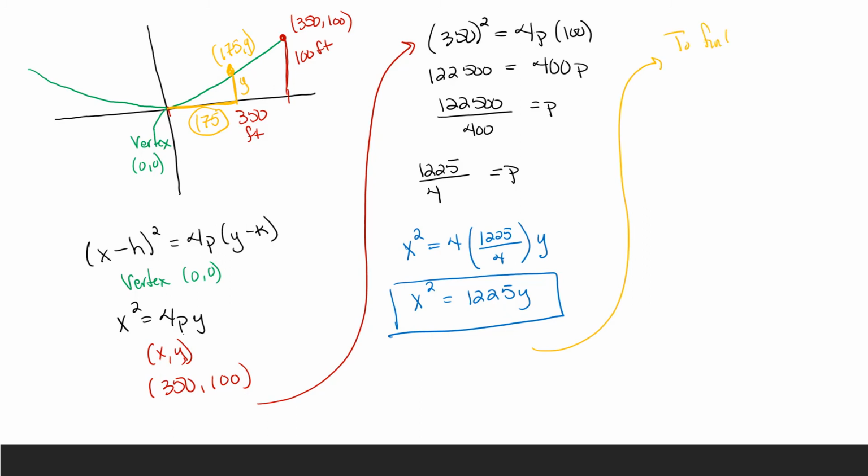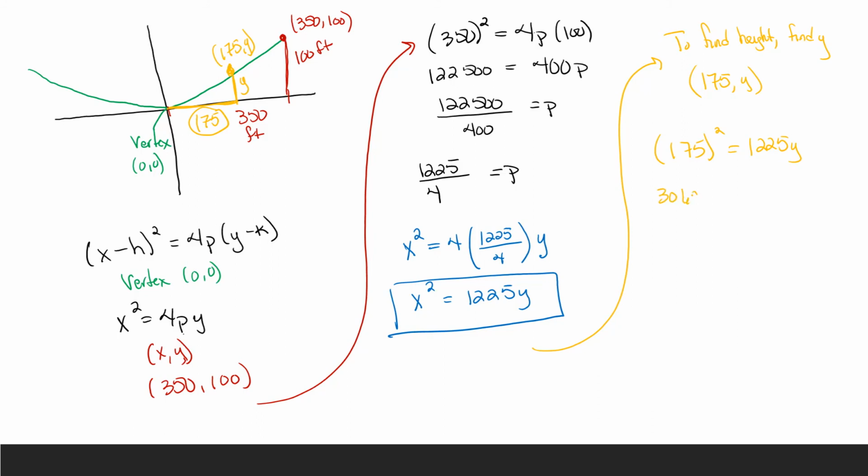All right, which means to find the height, we have to find the value of y, don't we? And the point we're working with is (175, y). So let's plug it into our equation and see what it's going to give us. And again, it said nothing about a decimal, so you can't give them a decimal answer.